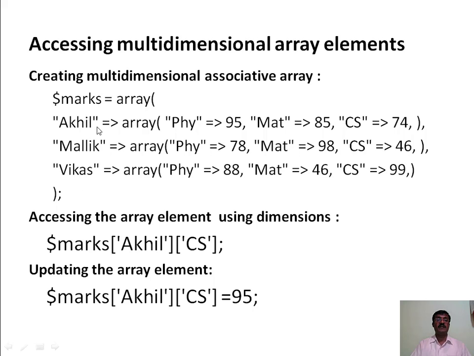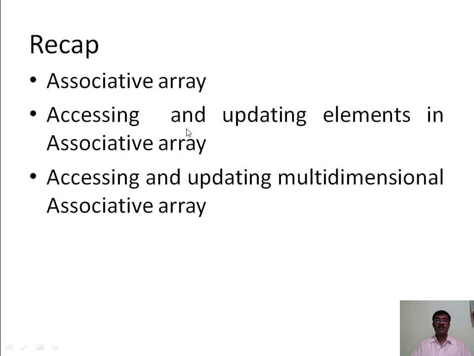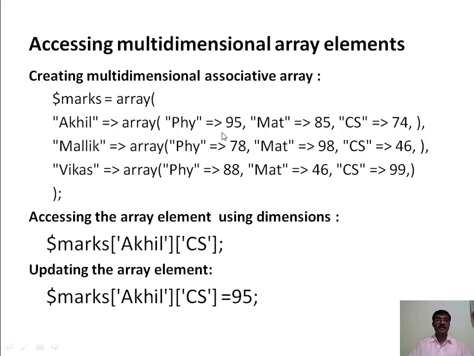They are associated to some values where the values are again other associative arrays. The subarray is also an associative array. It has also got key and value pairs. So in this way we can create multi-dimensional associative arrays.